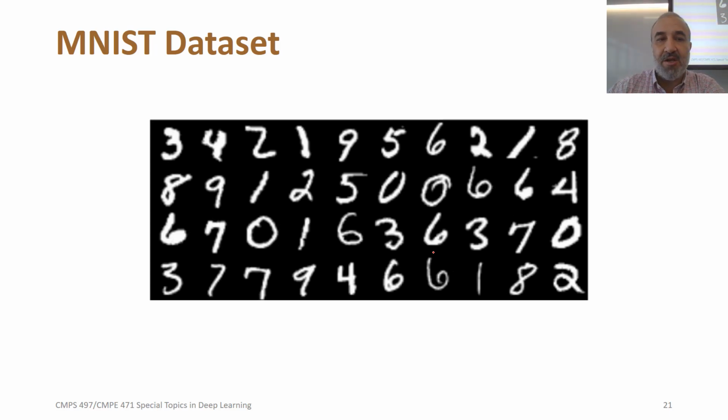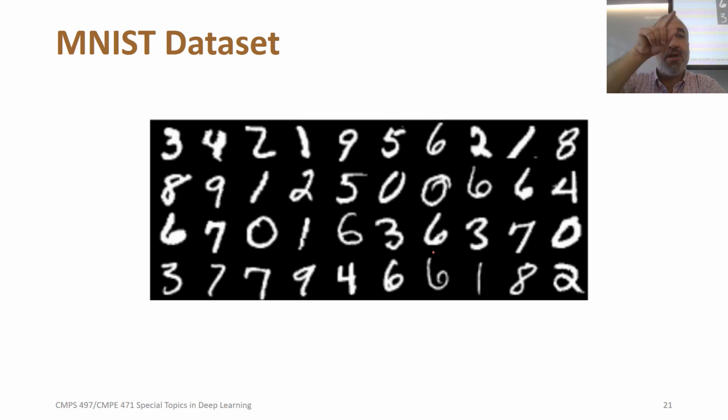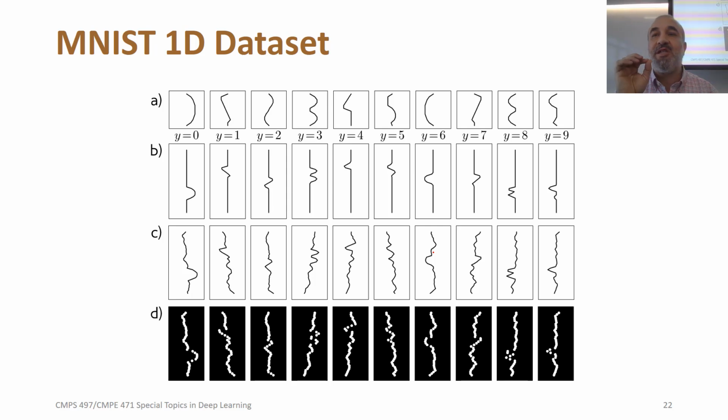But for simplicity, we have a variant of that data set called MNIST-1D. Instead of the input being, let's say, 200 by 200, which is 40,000 values, or 20,000 values, they made another much smaller data set where the input is just 40 numbers.